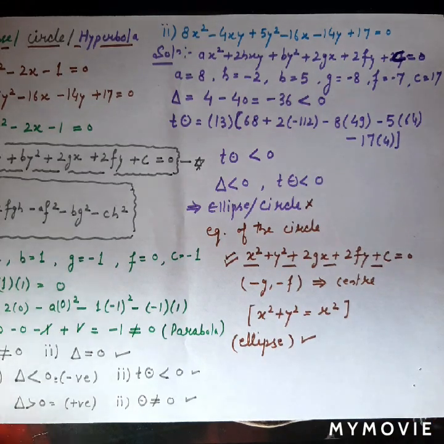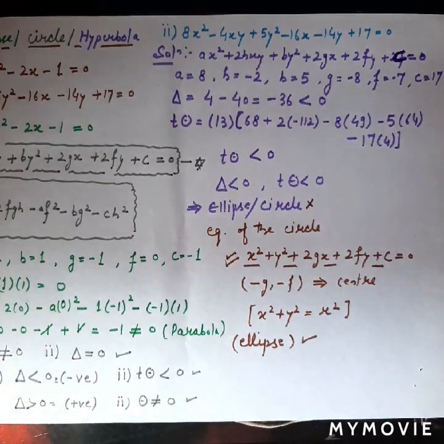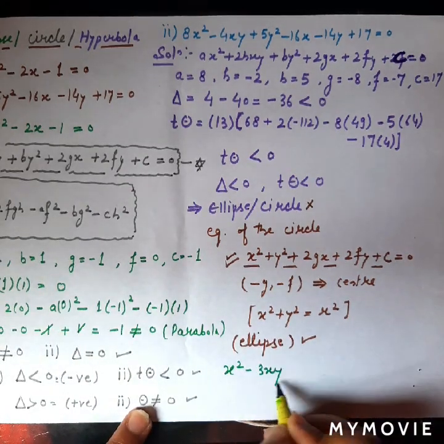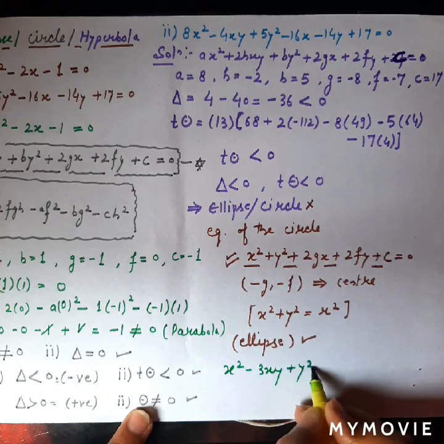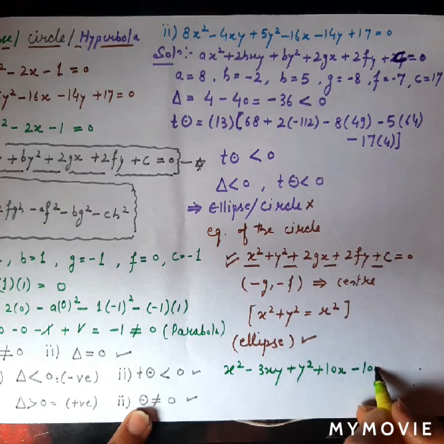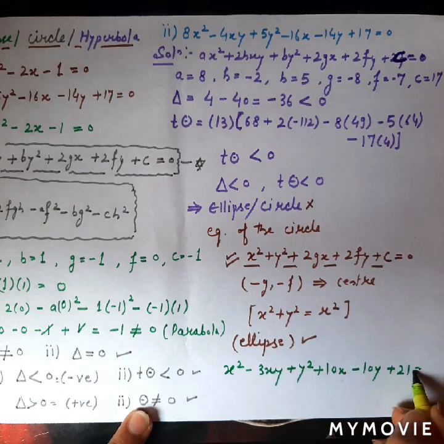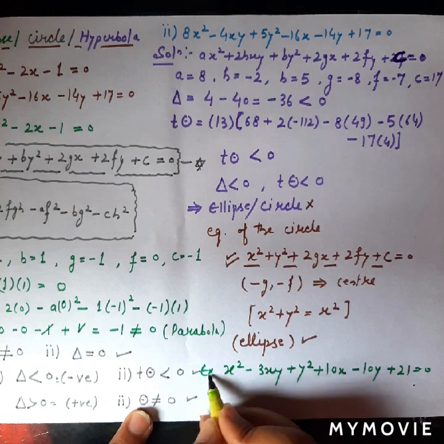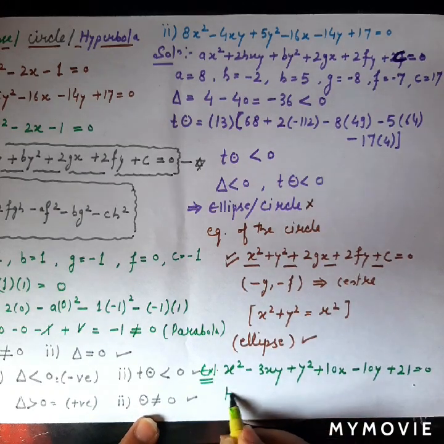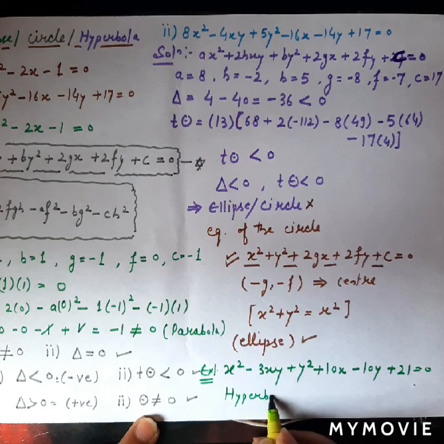So this is all about this, and I just want to give you a question for revision and practice. You can write x square minus 3xy plus y square plus 10x minus 10y plus 21 is equal to 0. This is an example that you will solve, and I just want to tell you that this is an equation of a hyperbola.